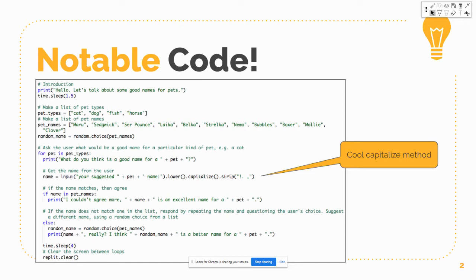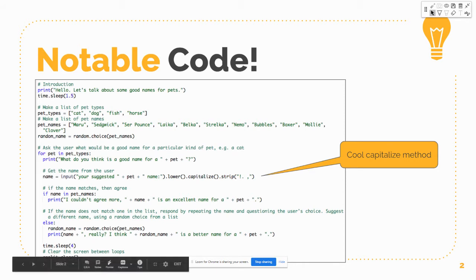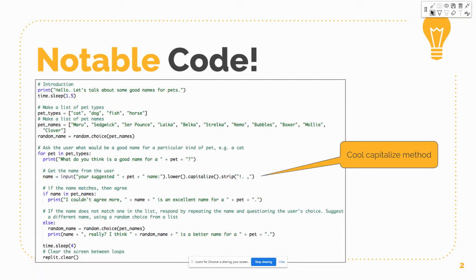If it doesn't match, then we're going to get another random choice from pet names. We generate another choice from here in order to say, whatever their name was, like Computron, really, I think the random name is a better name for whatever the pet was. So we're really just using this loop as practice to pull from different lists.